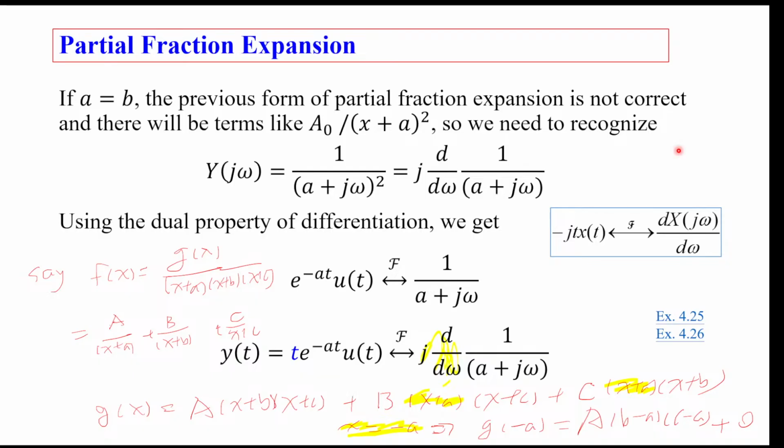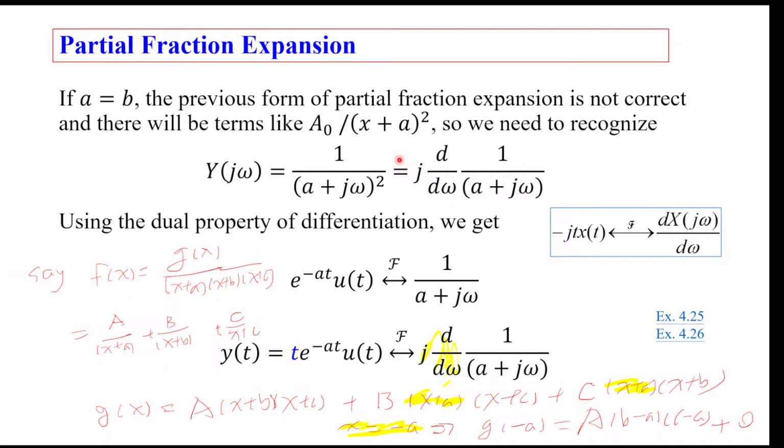We see that 1 over (a plus j omega) squared comes from a differentiation on omega of 1 over a plus j omega. If you do the differentiation, you get an extra 1 over a plus j omega factor, and you also get a minus sign, and you get an extra j here.